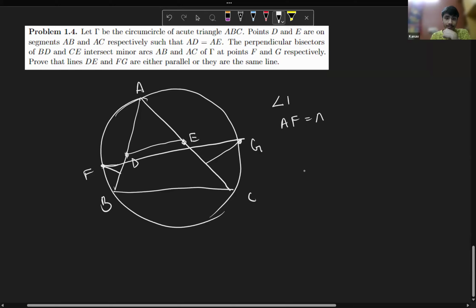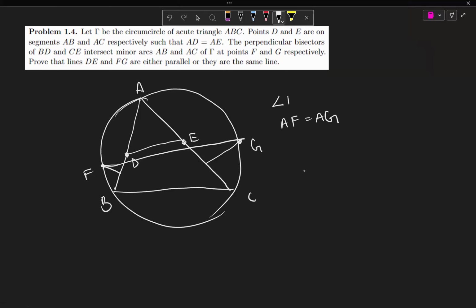Wait, how is this implied? Actually, just a second. I guess it should be the intersection of FG on AB and AC. That must be equal. Yes.